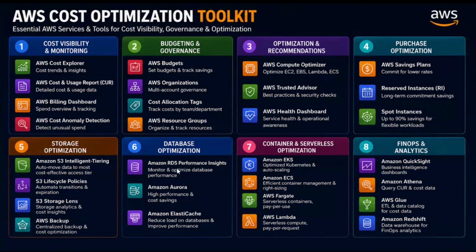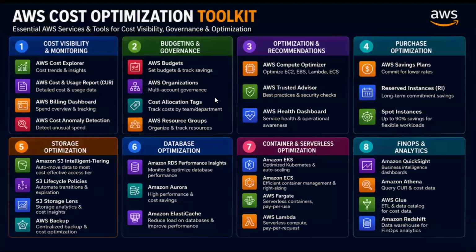For database optimization, AWS RDS Performance Insights, Amazon Aurora, and Amazon ElastiCache. The container and serverless optimization section uses Amazon EKS, Amazon ECR, AWS Fargate, and AWS Lambda. FinOps and analytics are supported by Amazon QuickSight, Amazon Athena, AWS Glue, and Amazon Redshift. These are the essential AWS service tools for cost visibility, governance, and optimization.